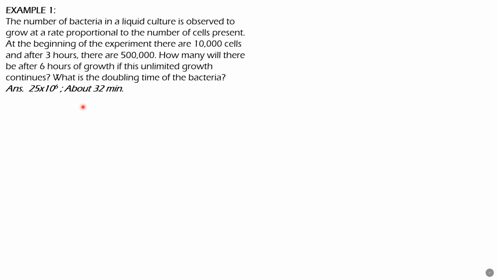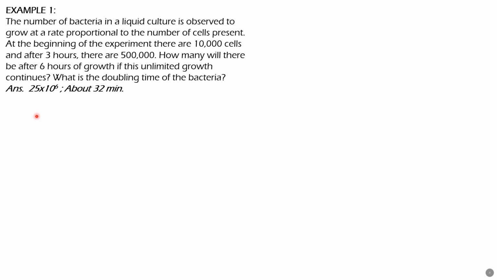So we first write the description of this variation. The rate of change of the number of bacteria, which we will call B, with respect to time, is proportional to the number of cells present.